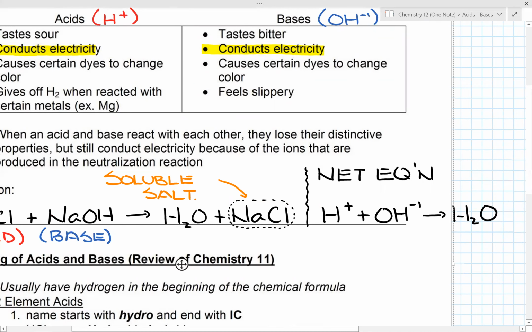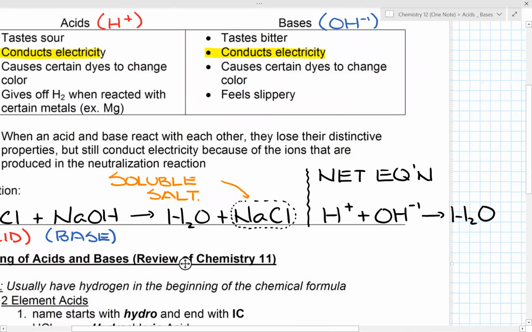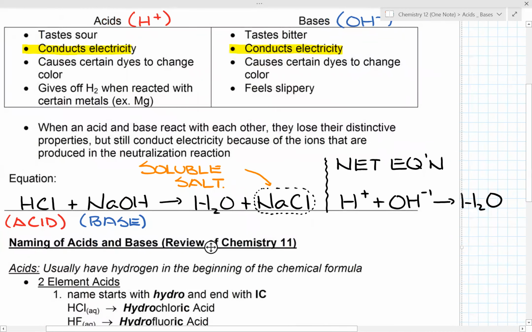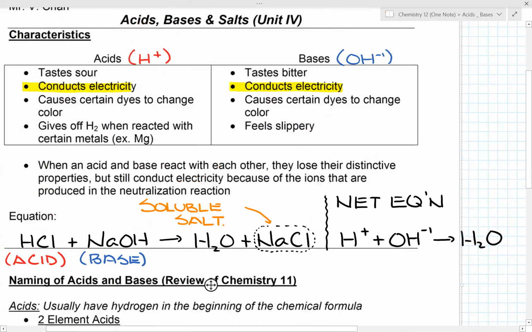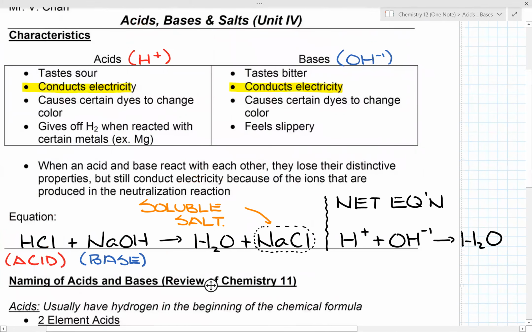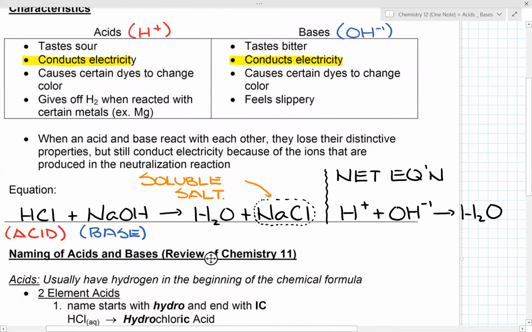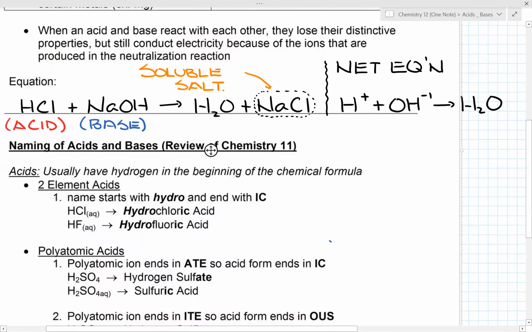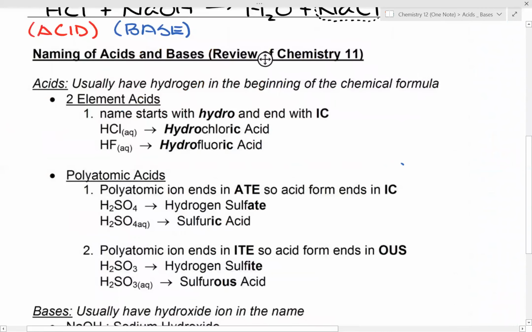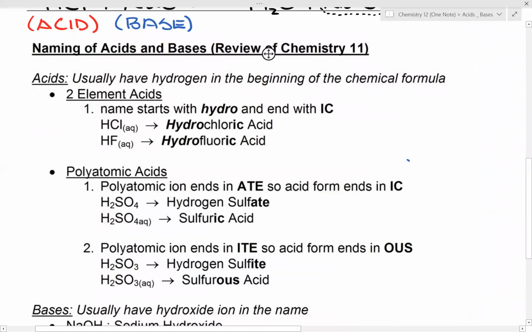That would be the net ionic equation for a general acid-base reaction, because the hydrogen and the hydroxide react together to produce a new substance, a water molecule with different characteristics.